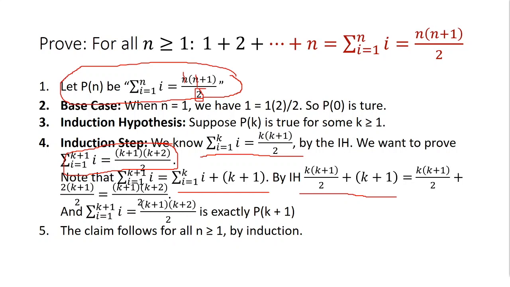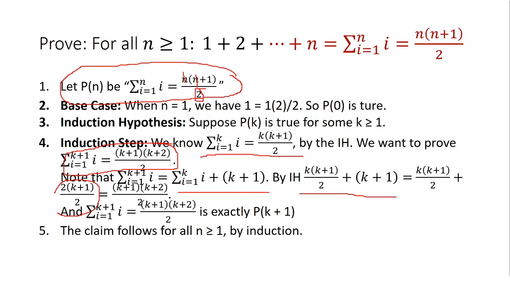This is coming from the equation. If we rewrite this in a simple case, this part with the same denominator 2 will be like this, and we can combine these two, k multiplied by k plus 1 and 2 multiplied by k plus 1.